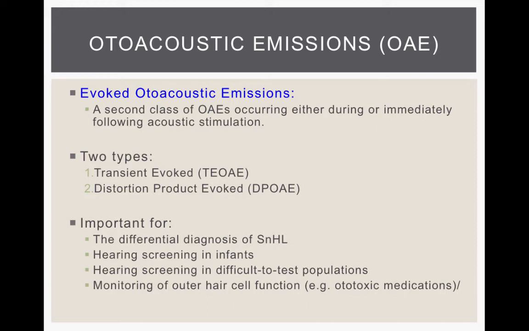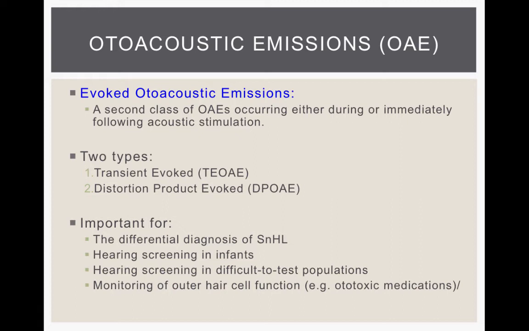This is how we have newborn hearing screening. Because of these evoked OAEs, we can now determine soon after birth whether or not the child's cochlea is healthy. They're also good for screening difficult to test populations that can't cooperate with the regular pure tone screen, and they can be used to monitor outer hair cell function, for example with ototoxic medications.